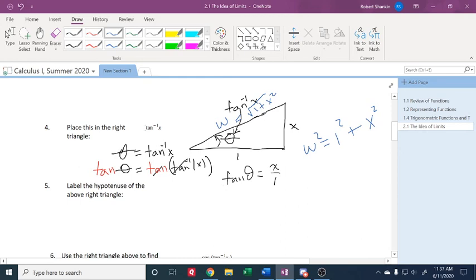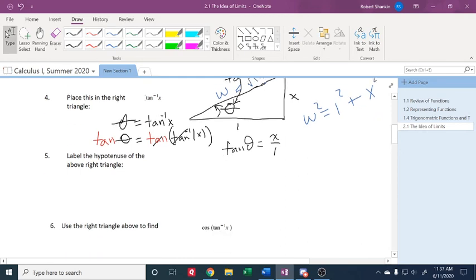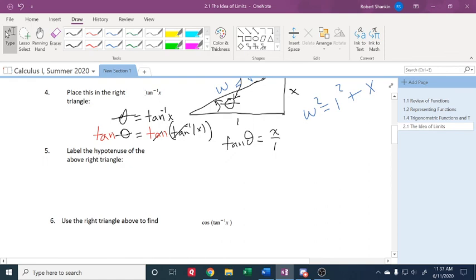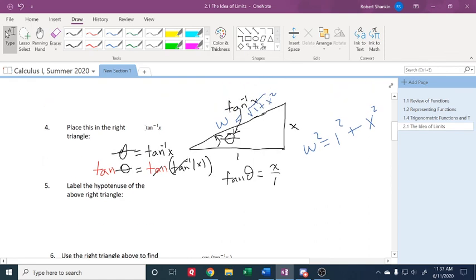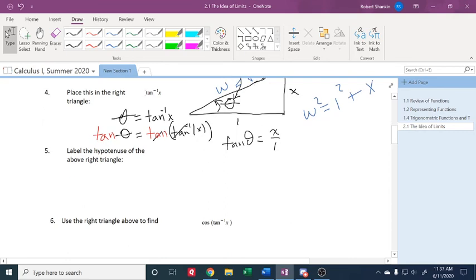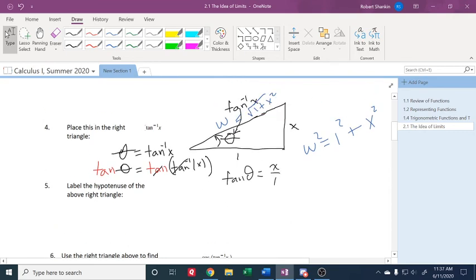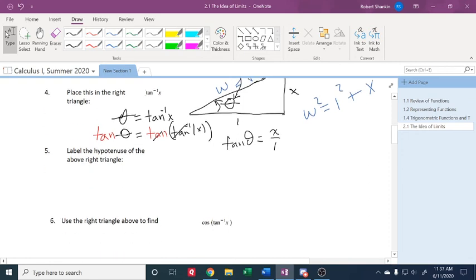So then we use that triangle to figure out what the cosine of that angle theta is. So we go back and forth. Sometimes we think of it as theta, sometimes we think of it as the inverse tangent of x. That's the same thing. So the cosine of that theta is simply, SOHCAHTOA, adjacent over the hypotenuse.